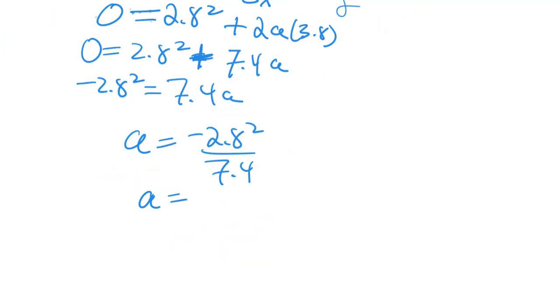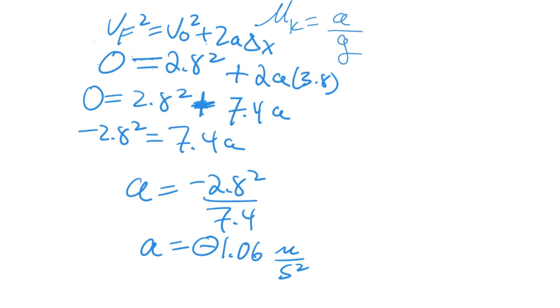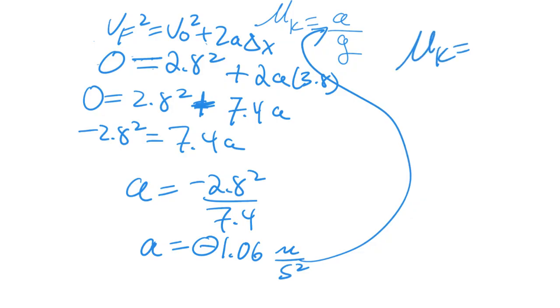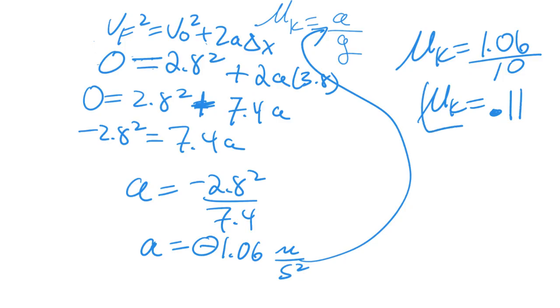So the acceleration is equal to negative 1.06 meters per second squared. But it's not going to matter when I put it back into this equation that it's negative. So mu K equals 1.06 divided by 10. So mu K is equal to 0.11, no unit. That's kind of slippery.